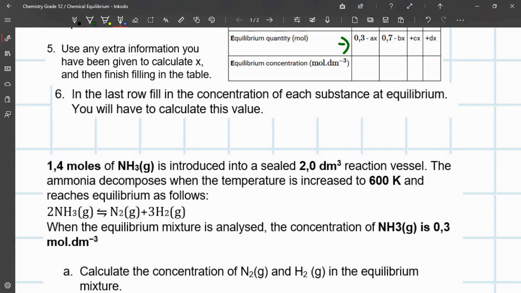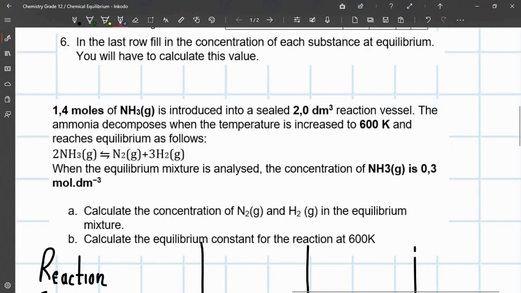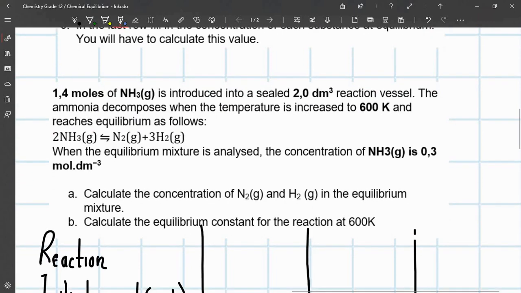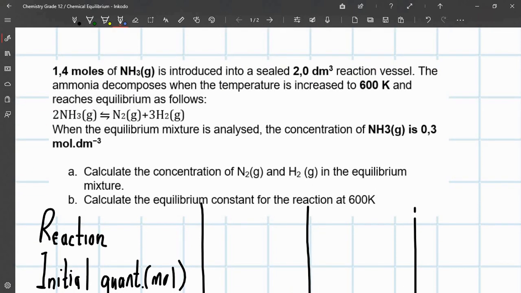When the equilibrium mixture is analyzed, the concentration of ammonia is 0.3 moles per decimeter cubed. So the concentration is given. They want us to calculate the concentration of nitrogen and hydrogen in the equilibrium mixture, and then secondly, to calculate the equilibrium constant for the reaction.